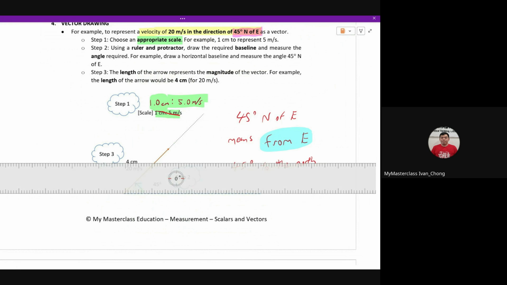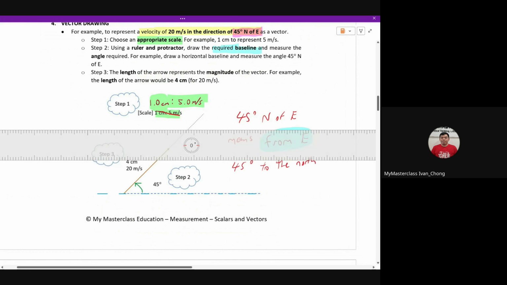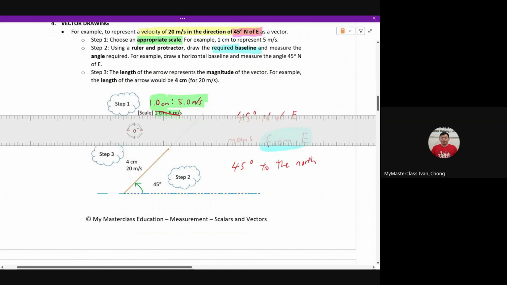This is the baseline that we have. Okay, so why do we need to draw the baseline itself? It's for us to identify where to draw your angle, where to measure my protractor from. So what you want to do is just grab your ruler and draw the horizontal dotted line. Okay, so the next thing is 45 degrees north of east.